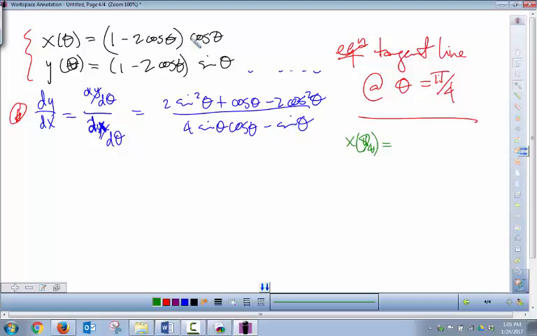So putting pi over 4 in here, pi over 4 is root 2 over 2. 1 minus 2 root 2 over 2 root 2 over 2, and then whatever that simplifies to. Root 2 minus 2 over 2. Is that right? Did I do that right? Something like that. Anybody feels like giving me an approximation, that would be nice.